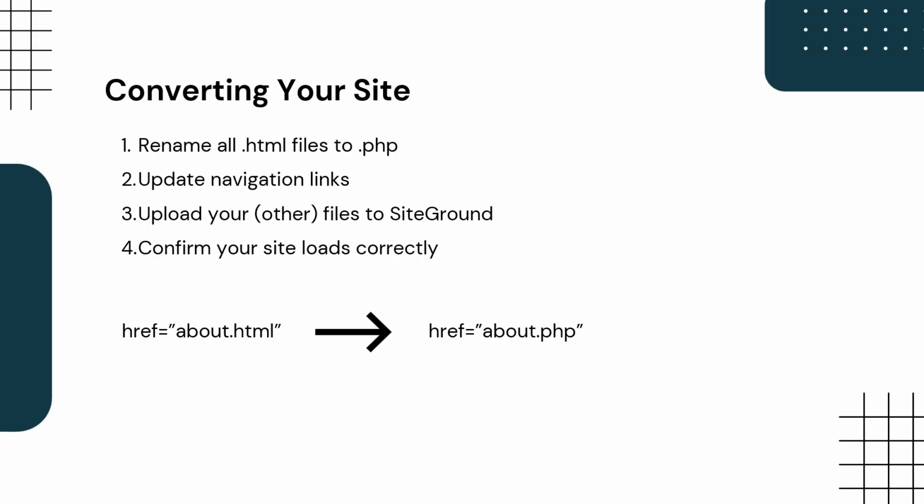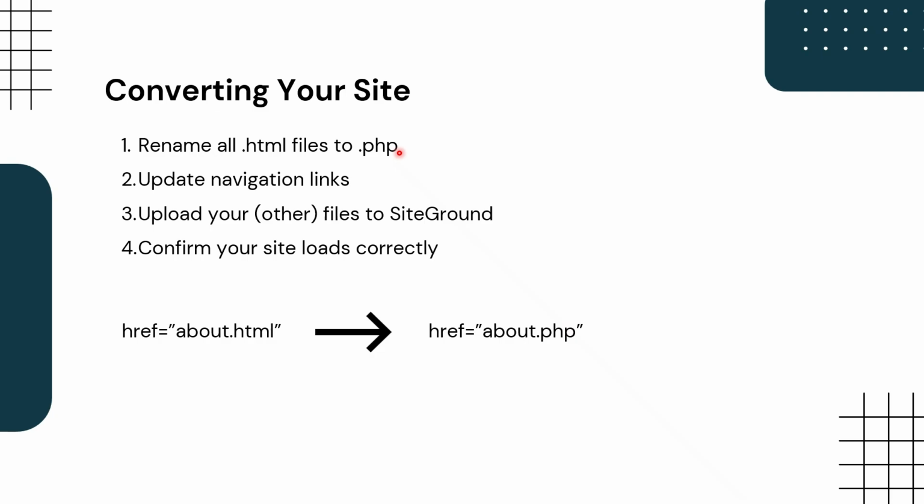So for your assignment 2, you're going to convert your entire site to PHP. The steps are simple. One, you're going to rename all your HTML files to .php. So about.html will change to about.php.